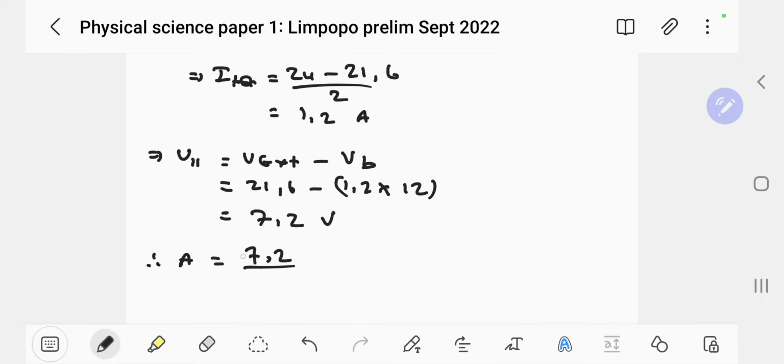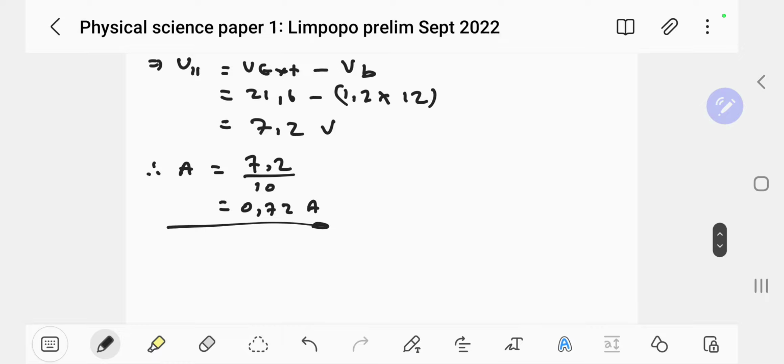Remember, V parallel is the same for both resistors. Divide by the resistance, which is 10. So we have 7.2 divided by 10. So this one is 0.72 amperes. All right, not a problem.